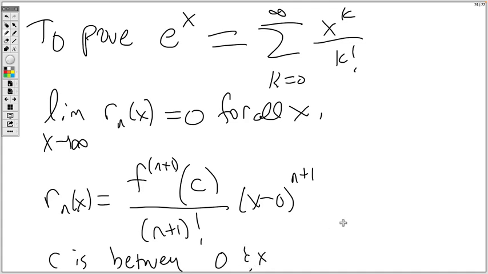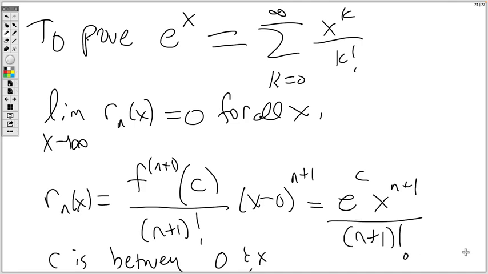That's what it looks like. So we have to think about what's going on here. Now, the good news is I know the derivative of e to the x. Every single derivative of e to the x is what? E to the x. So this is just going to be e to the c times x to the n plus 1 over n plus 1 factorial. Is everyone cool with that?